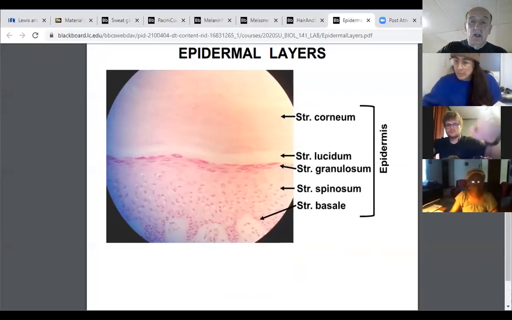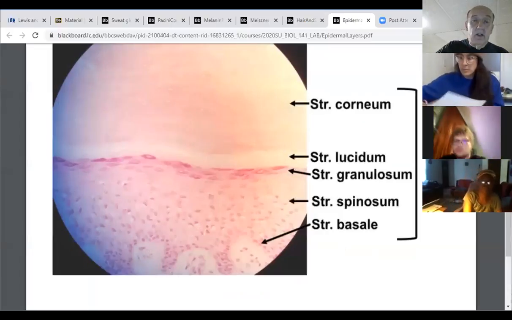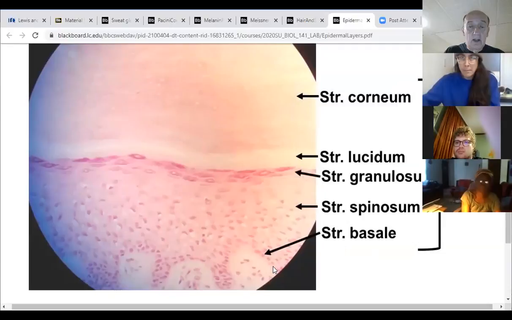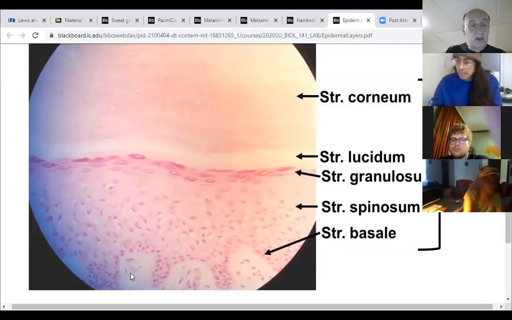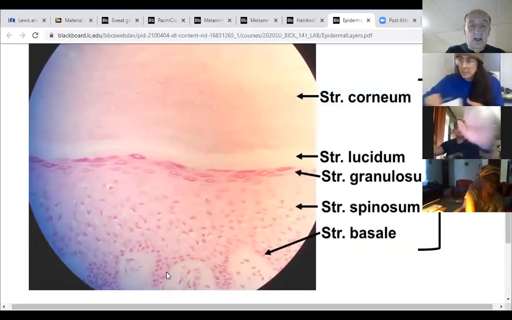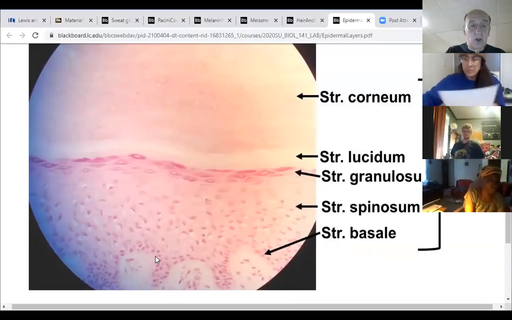I'm going to zoom in a little bit here. So we see the dermal papillae and the papillary region of the dermis down here. It's not labeled, but this is what these arches are. And you can see the single cell layer, the stratum basale, going in this meandering fashion, just like on the model.